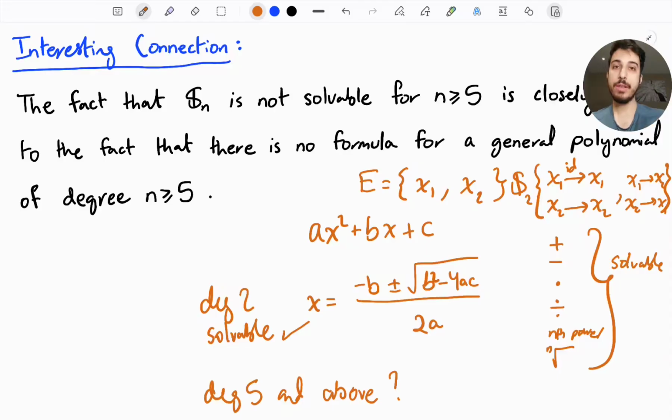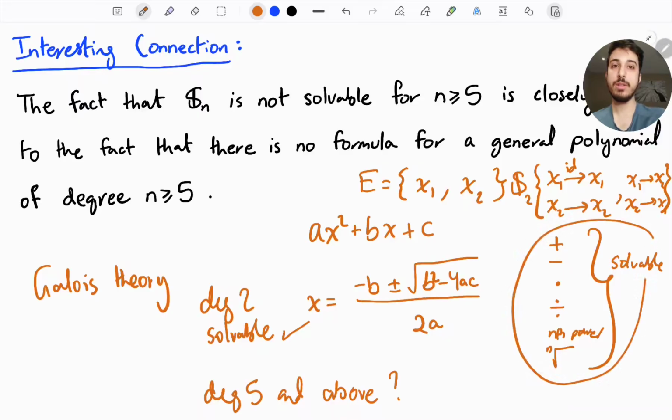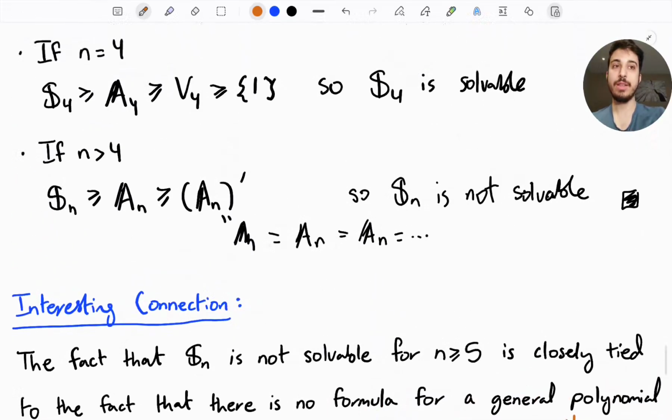Galois theory is an extension of the study of group theory, where we discover that there is an interesting connection between the roots of polynomials and the groups of permutations of these roots. And the result is that polynomials are solvable if and only if the groups of permutations of these polynomials are solvable as well, solvable in the sense that we took here: if we take a chain of commutator subgroups, we will eventually end up with the trivial subgroup.